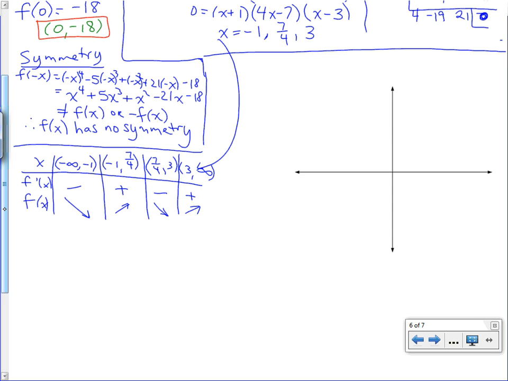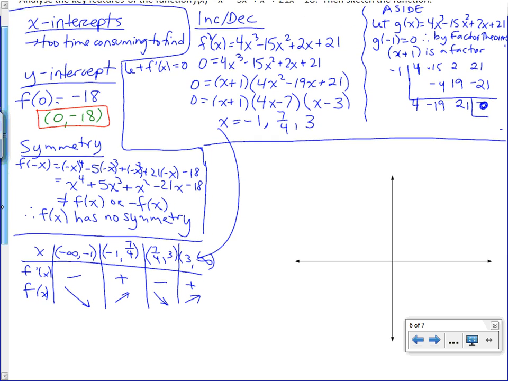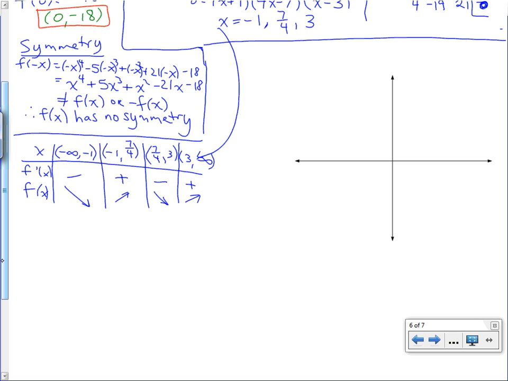Okay. Now, let's justify. Since f prime at x is greater than 0 on the intervals -1 to 7/4 and 3 to infinity, if the derivative's positive, what does that tell you about the original function stated in words? If the derivative's positive, f at x is increasing.